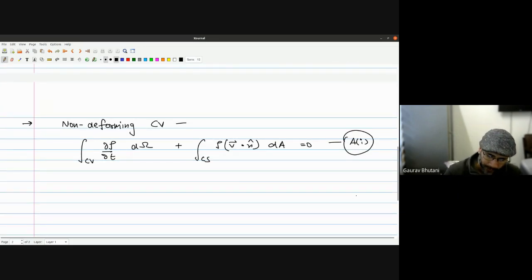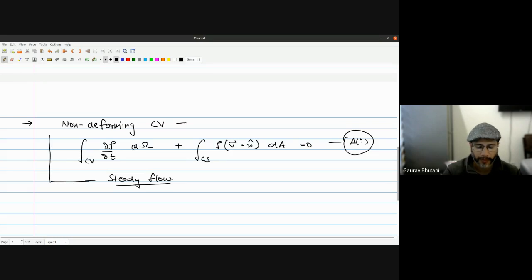Okay. Now another sub situation is when we have steady flow. A steady flow means, let's write it here. It's a sub situation of non-deforming control volume. So in this case, the control volume is also non-deforming, plus the flow is steady.